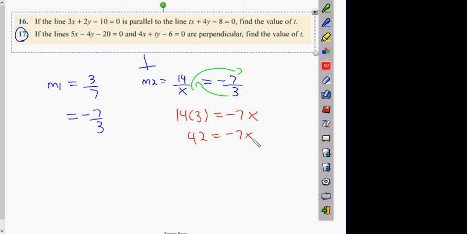And how do we get x on its own? Divide by minus 7. And we get x equals 42 divided by minus 7. X equals minus 6. So the answer for that question would be x equals minus 6. Or in a similar question to this, you'd get t equals minus 6. It's very similar to 17, okay?